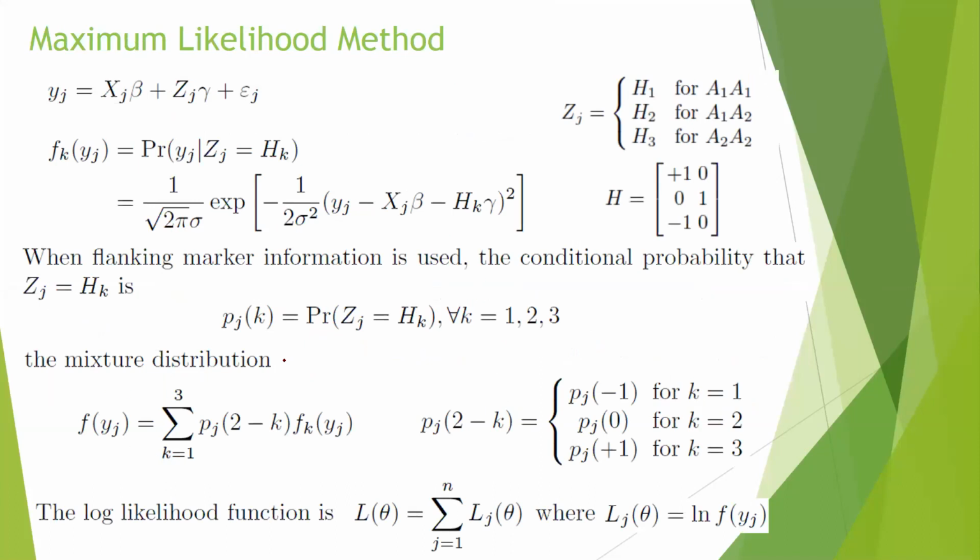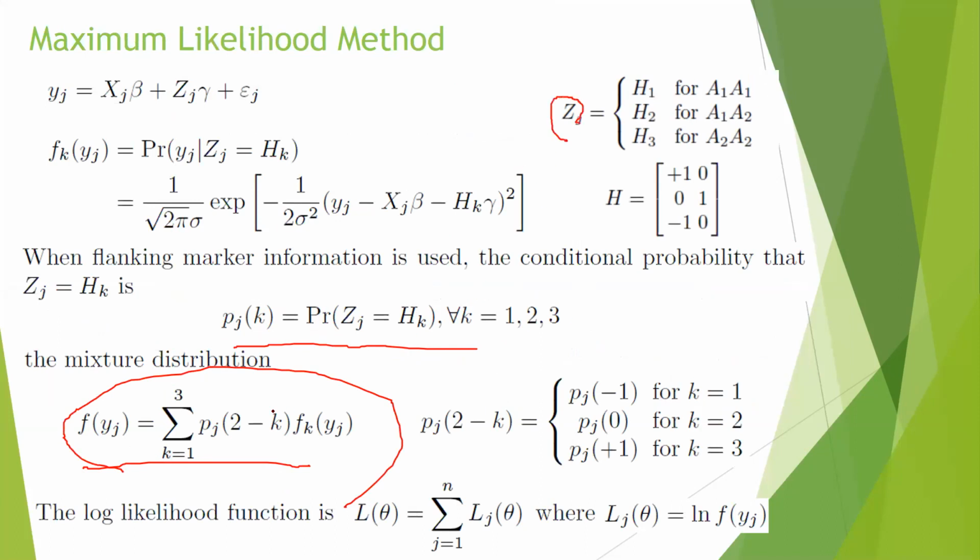So we can construct a mixture model here. This is the mixture model because we do not observe the genotype for this locus. So we can put the density function for one single observation by using a summation of the three density functions here, right?